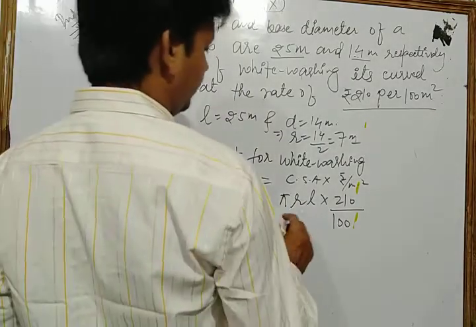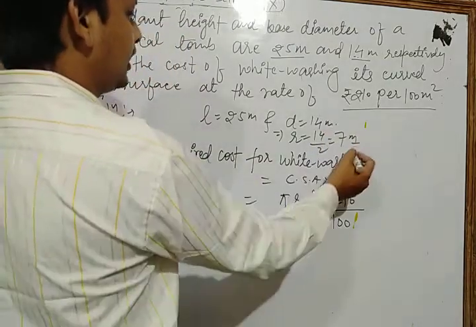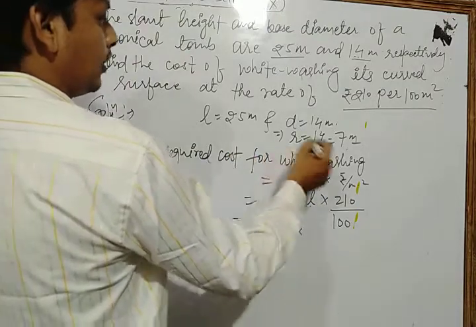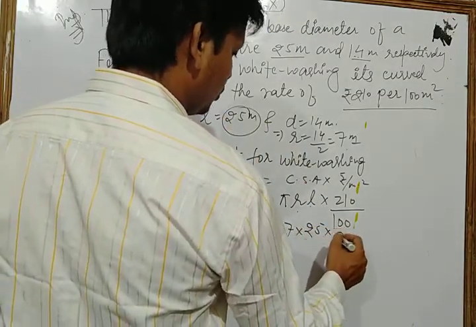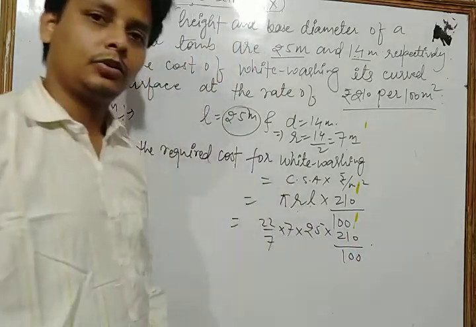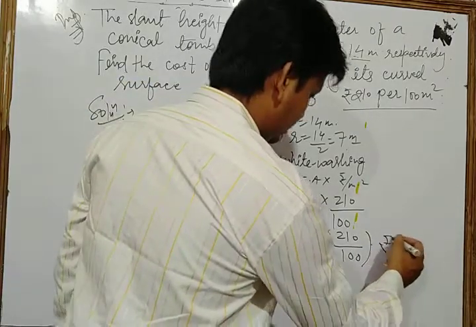We take the value of pi as 22 by 7, and radius is 7, and slant height is 25 meter. Here we put 25 into 210 by 100. Okay, this value is in rupees.